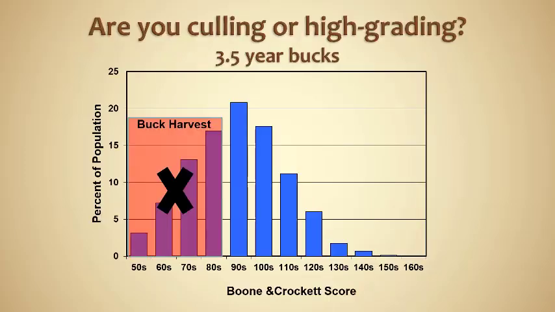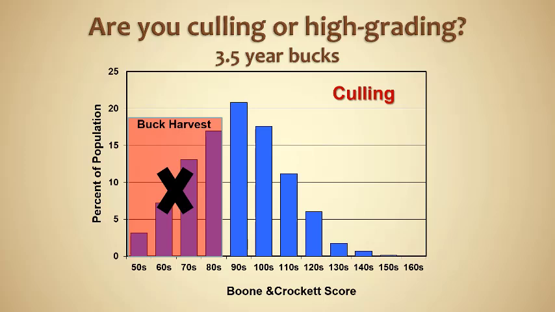So let's look at our distribution of 3.5-year-old bucks that we saw a moment ago. If you were to remove the bucks that you see there in the red box, if you were to harvest those bucks at 3.5 years of age, scoring 50s, 60s, 70s, and 80s, what have you done there? Is that culling or is that high grading?